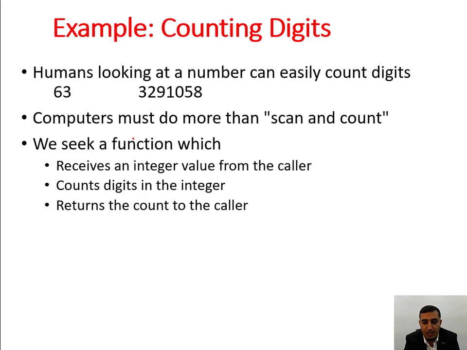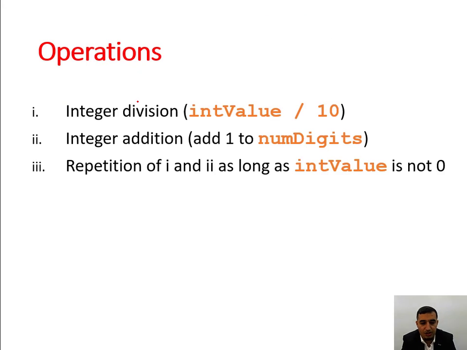Humans look at these numbers and can easily count the digits. How many digits here? We have 2. How many digits here? It's 1, 2, 3, 4, 5, 6, 7 digits. But how can a computer count the digits? In order to count the digits, we divide by 10, and every time we divide by 10, we increment the count by 1 as long as our value is greater than 0.